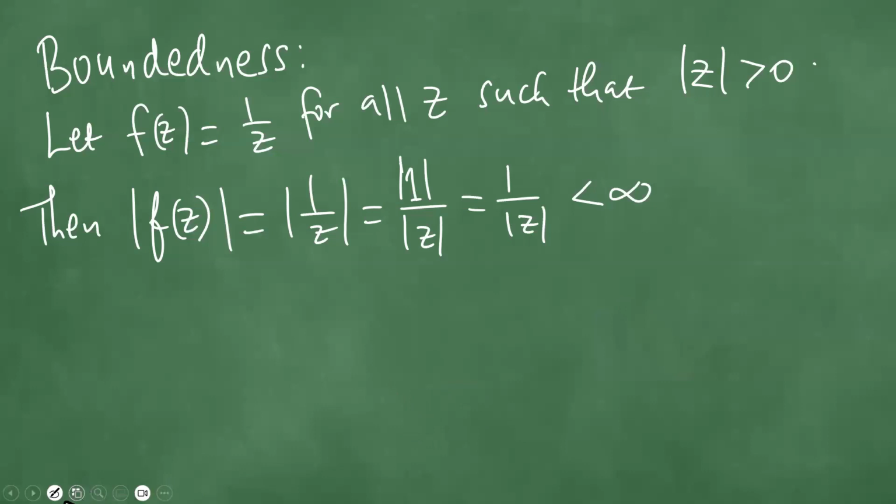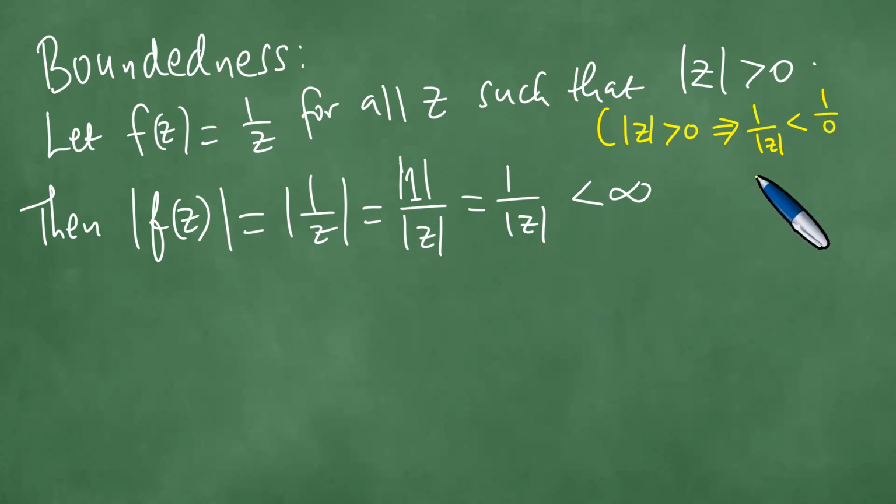A couple of ways to look at this: the modulus of z being bigger than 0 means you can take the reciprocal, 1 over the modulus of z, which is less than infinity. Obviously 1 over 0 has positive and negative components, but what makes sense here is positive infinity.